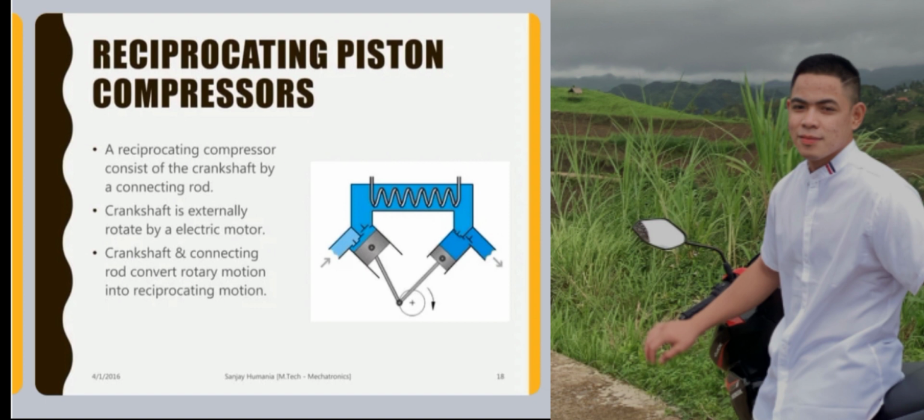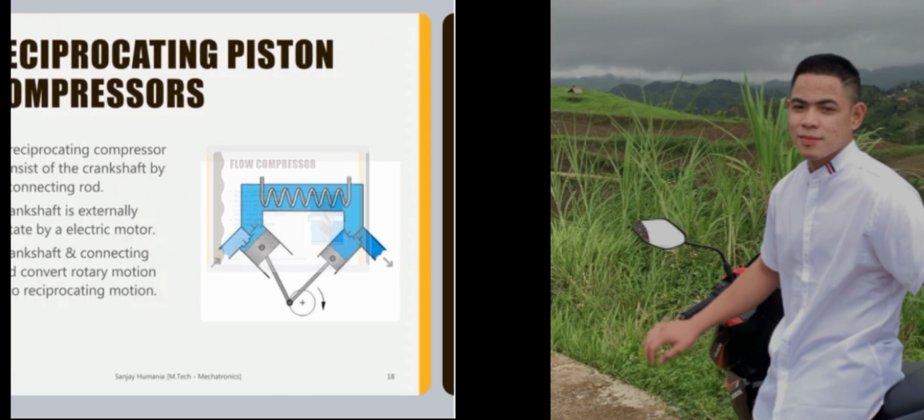A reciprocating compressor consists of a piston driven by a crankshaft via a connecting rod. The crankshaft is externally rotated by an electric motor. The crankshaft and connecting rod convert rotary motion into reciprocating motion.